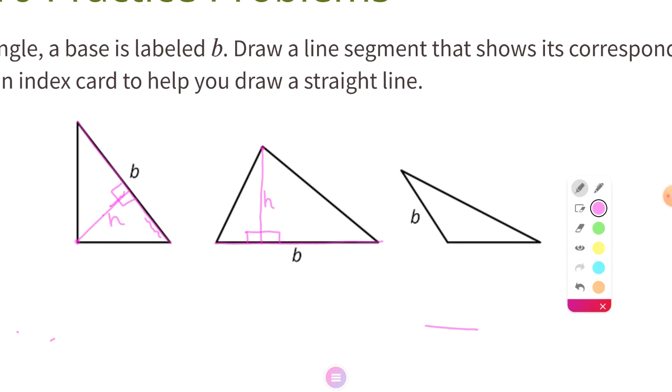That would make it go out slightly. So if this was the base, and all I did is rotate it, it would look like that. So if it looked like that, where would be the easiest place to find the height?